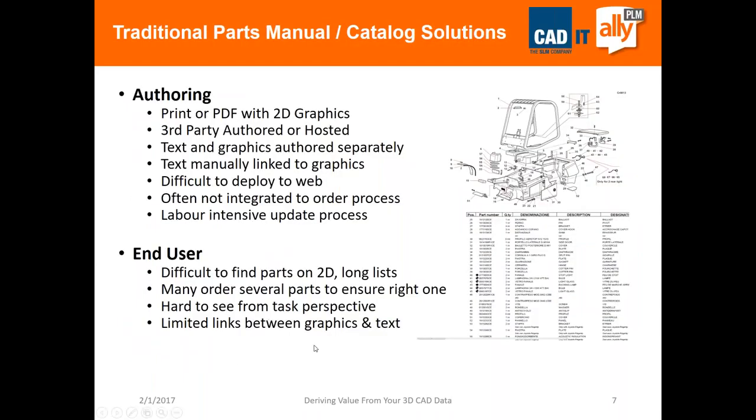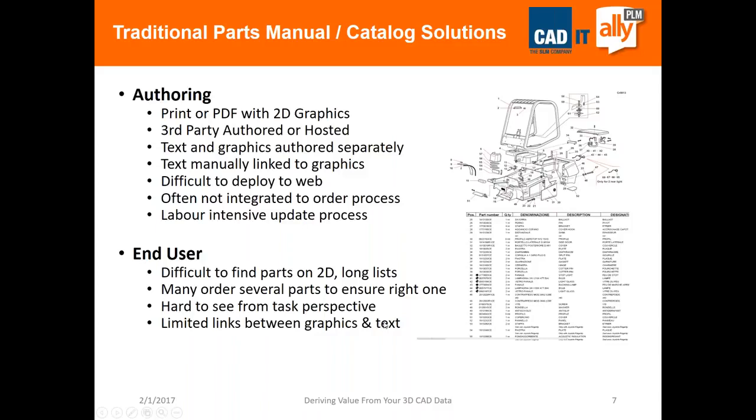And then what you ship out is something that maybe looks like this. This is kind of a fake, a demo model to show what an illustration looks like and a parts list that goes out. And that causes some problems down the line for the customers. Often it's difficult to identify the right part. Customers may order multiple parts to make sure they get the right one.